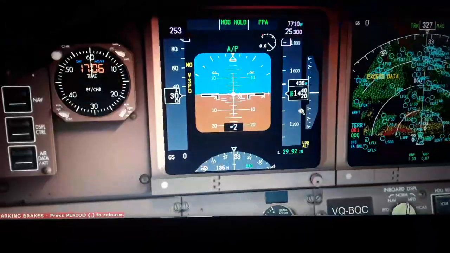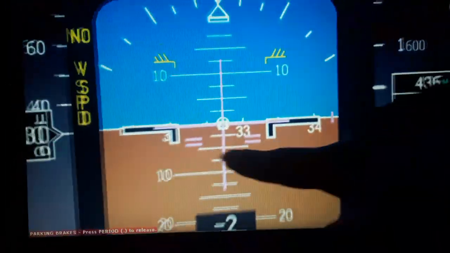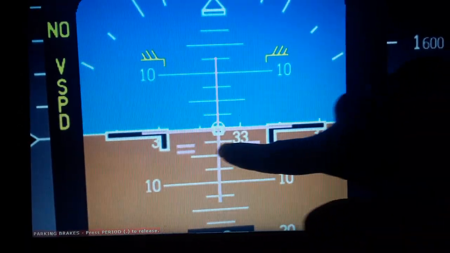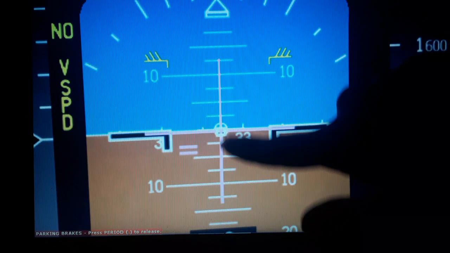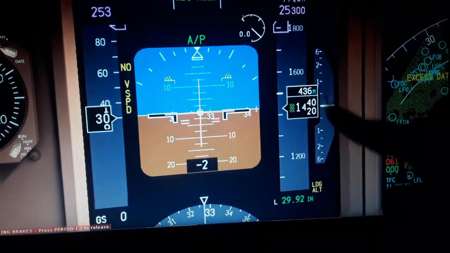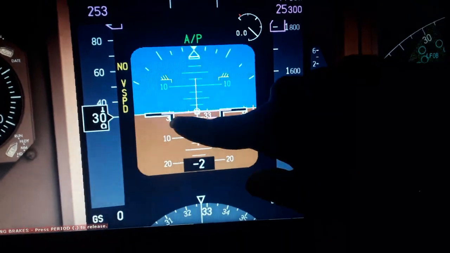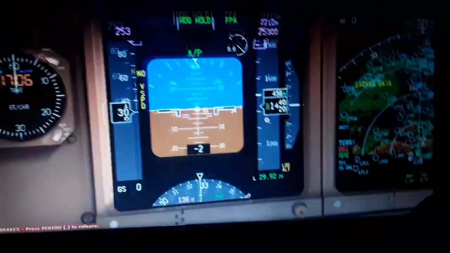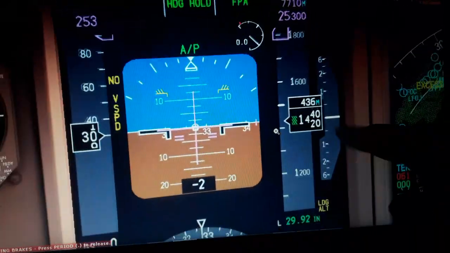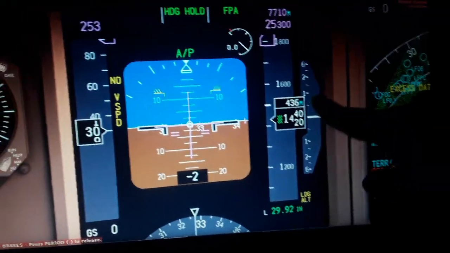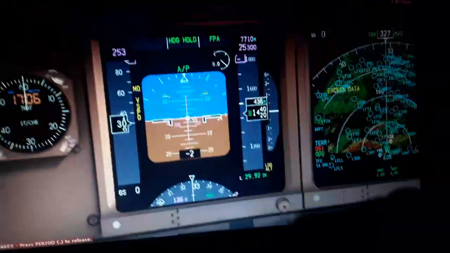If we are in the cruise level, we're gonna have to descend with this rate, with this steep angle. So this is the pitch ladder. It only determines the flight path of the aircraft is determined from here. This is the attitude of the aircraft as it flies, not the flight path. So you have to pay attention to the vertical speed indicator here to know if the aircraft really climbs or descends in flight.